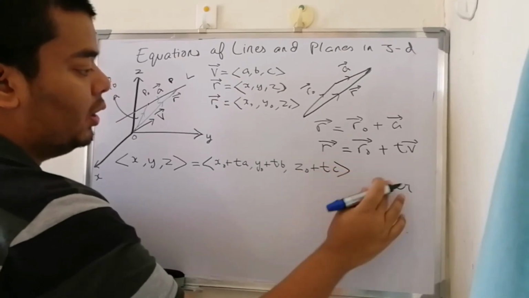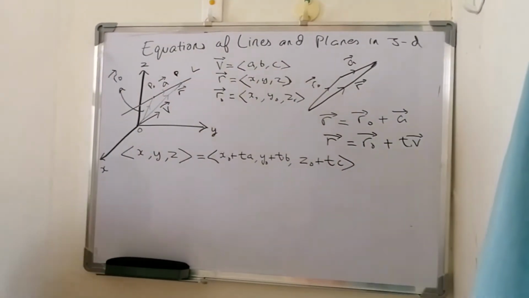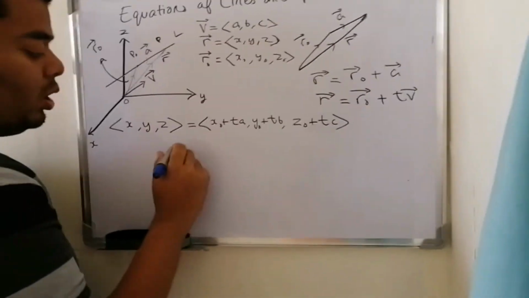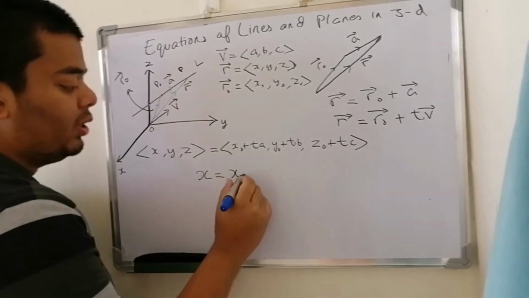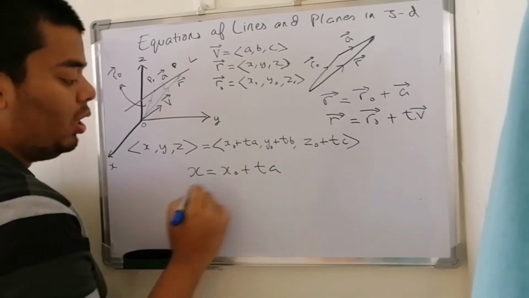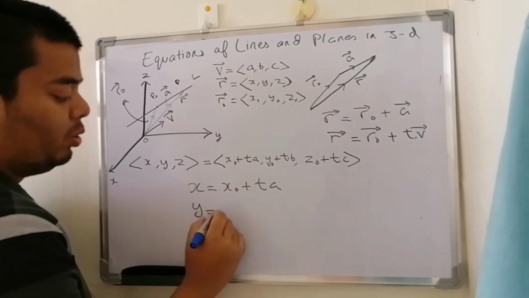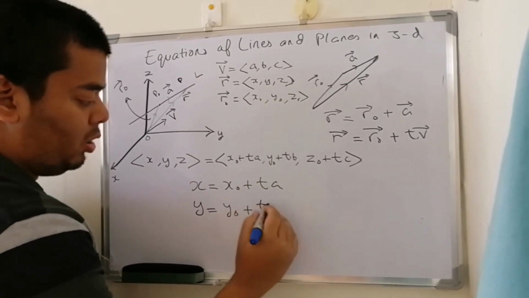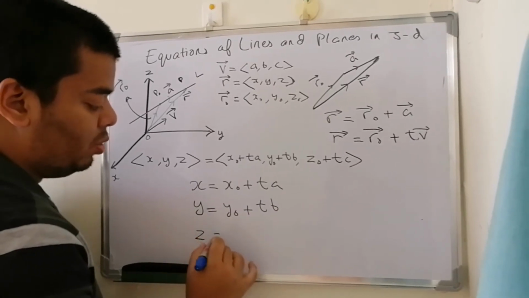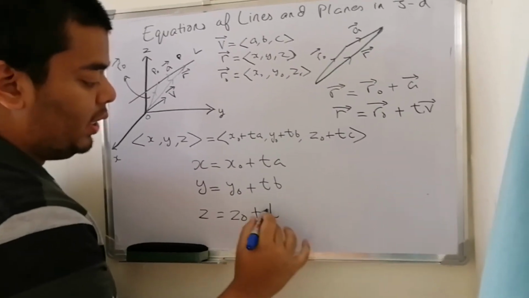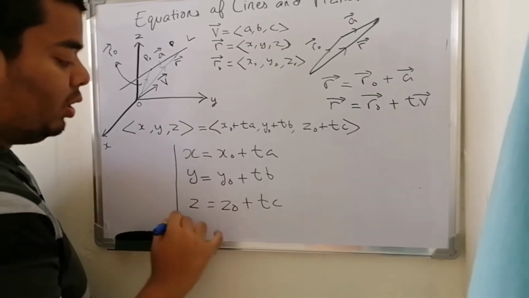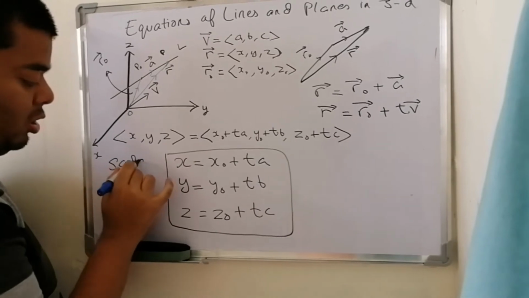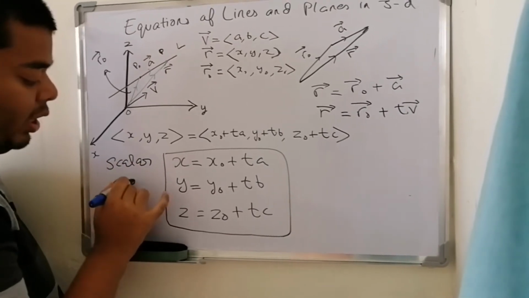This will be the vector equation of the line L. But now, if you want to write a scalar equation, the scalar equations are given by x is equal to x naught plus ta, y is equal to y naught plus tb, and z is equal to z naught plus tc. These are known as scalar equations of the line L.